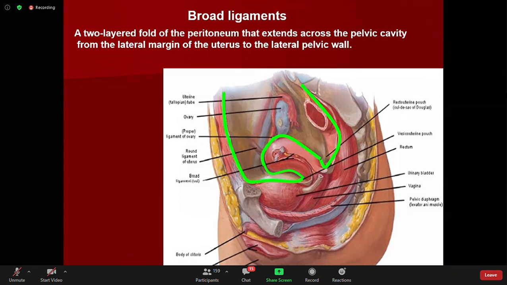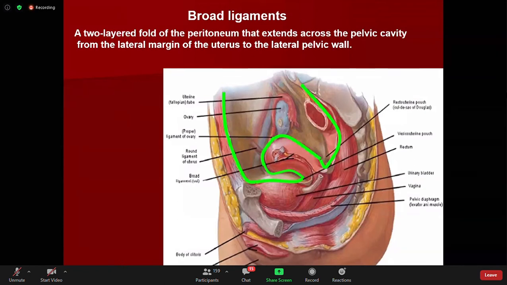Covering the uterus, extends from the lateral walls of the uterus to the lateral pelvic walls, across the pelvic cavity. So as you read later on, they're going to say the lateral surfaces of the uterus are not covered by peritoneum or by broad ligament, which is true.